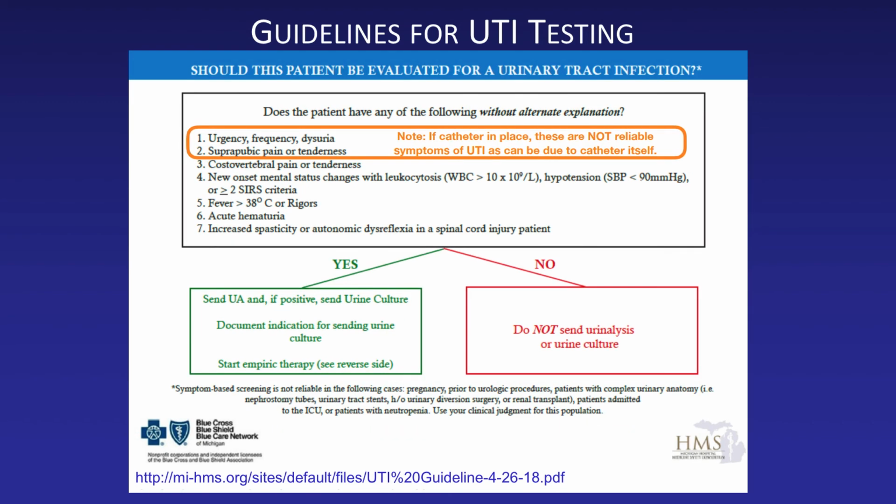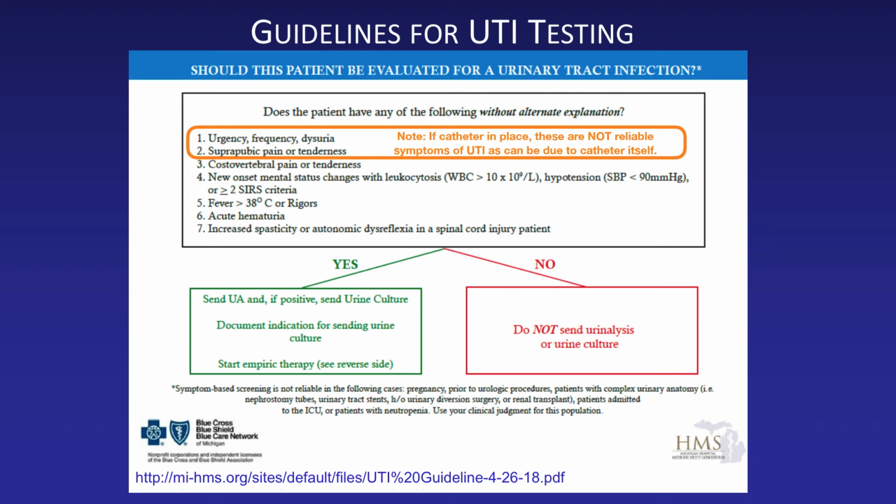A few notes about the symptoms. So you see at the top of the box there are two sets of symptoms that I've highlighted in orange: urgency, frequency, dysuria, suprapubic pain, and tenderness. Please note that these particular symptoms are not considered reliable symptoms of a urinary tract infection if that catheter is still in place, because these symptoms can actually be caused by irritation of the bladder and the mucosa due to the catheter itself.